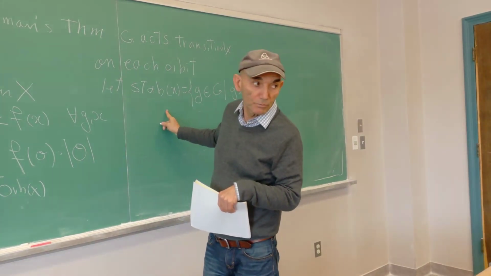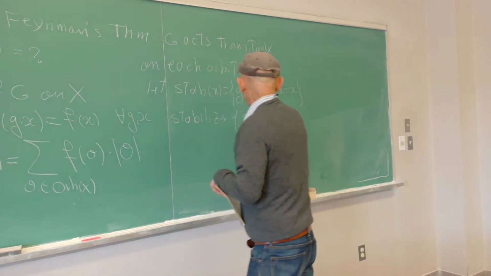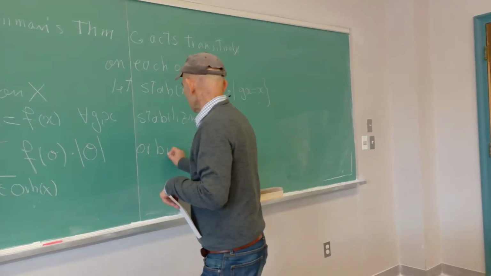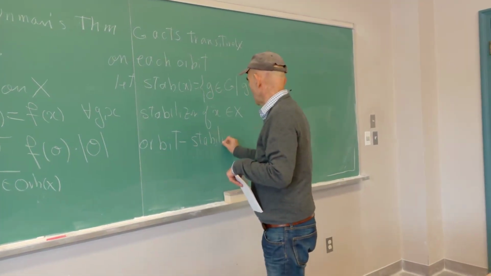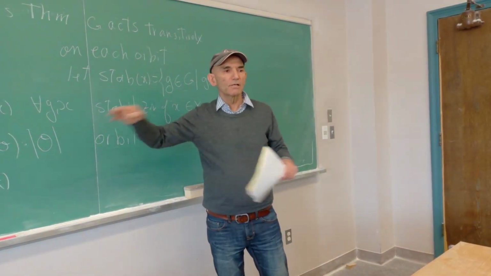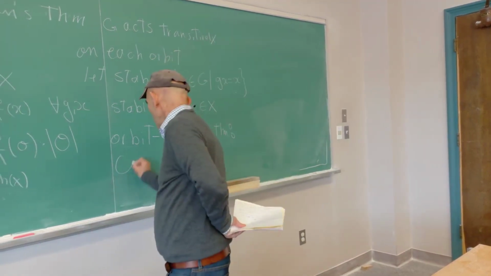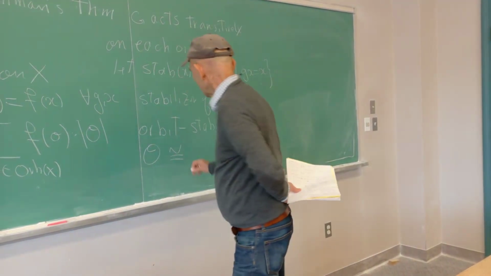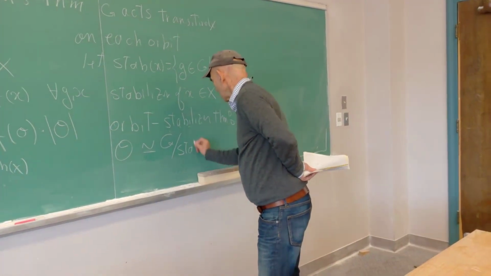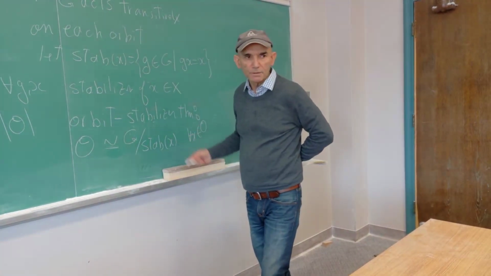This is the stabilizer of a point x in X. The orbit stabilizer theorem tells us that each orbit O is in one-to-one correspondence with G divided by the stabilizer of x, for any x belonging to this orbit, where O is any orbit.